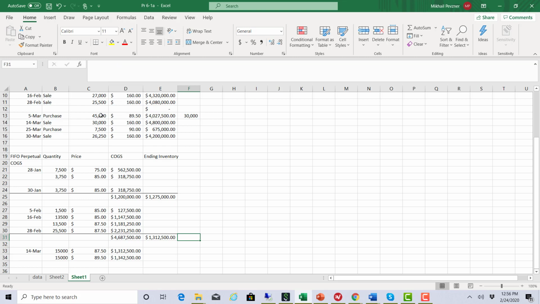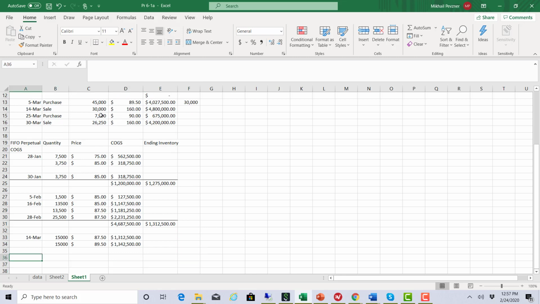On the 25th of March, we'll have another purchase of 7,500, but we'll go to it only after we exhaust what's left in this layer of 30,000. We have a sale on March 30th of 26,250 units, and that will come out of this layer at 89.50.